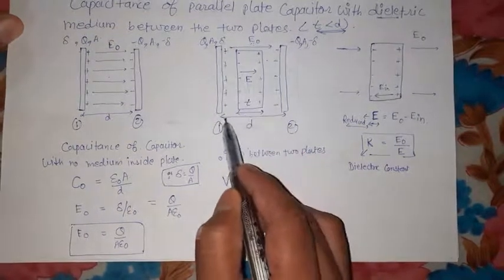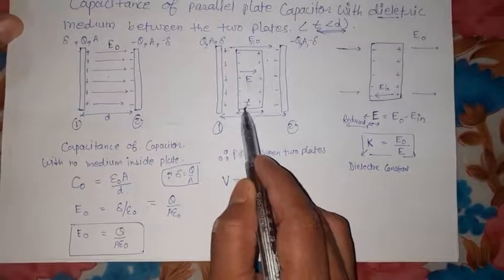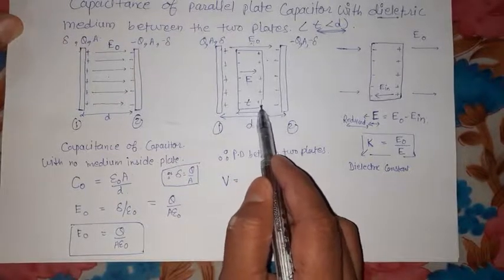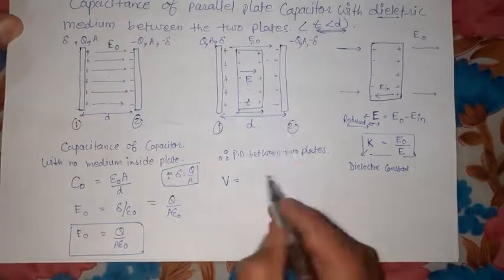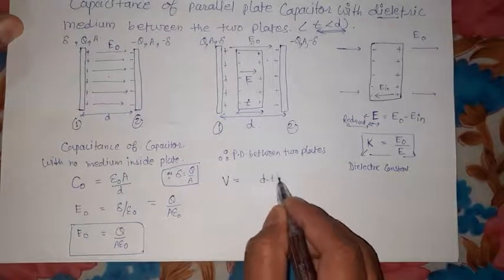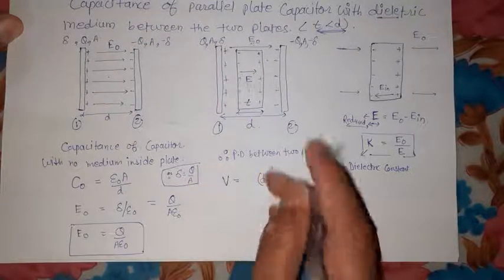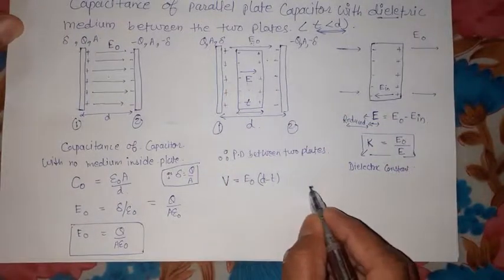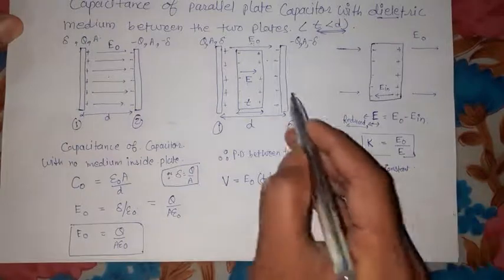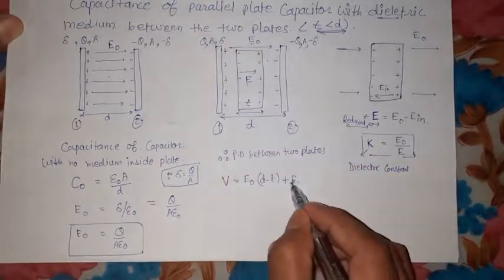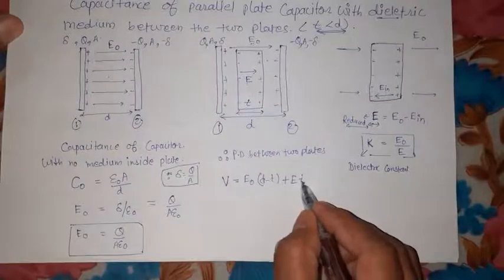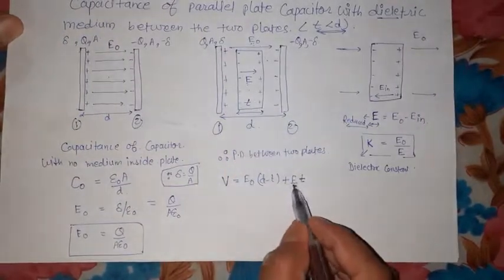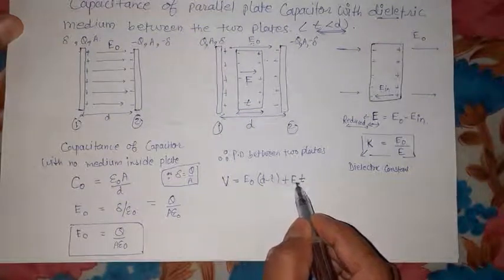The total separation was d and the thickness of the dielectric is t, so the space left outside the dielectric is d minus t. In this space d minus t there is the E naught field, while inside the dielectric, in thickness t only, there is the reduced electric field E.